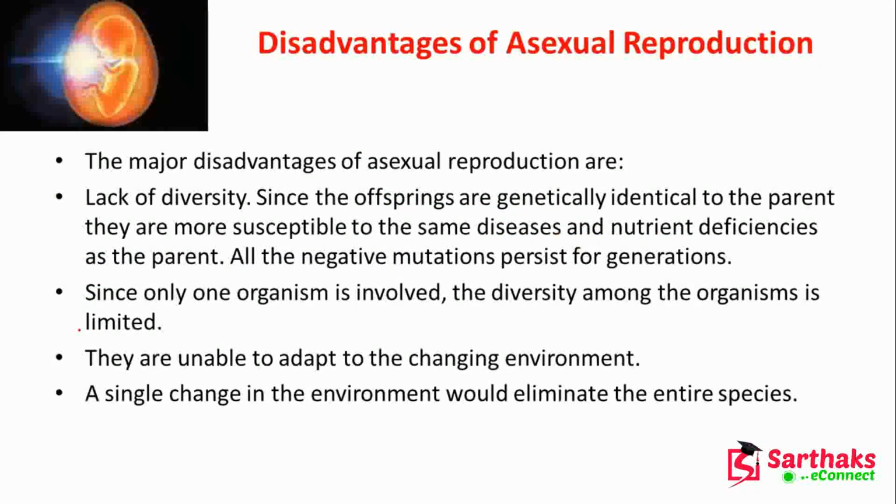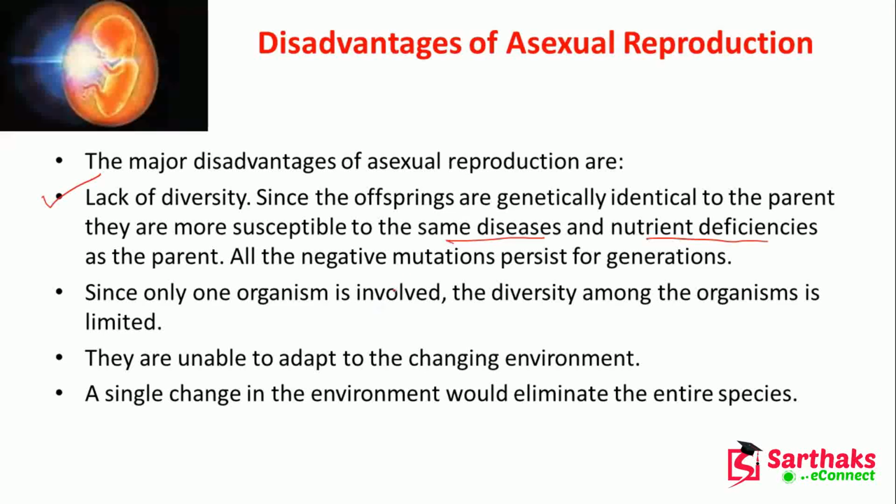Now, the disadvantages of asexual reproduction: lack of diversity, mostly identical offspring. There is no difference between the daughter cell and the parent cell. If one cell is affected by disease, then the whole batch will suffer from the disease. If there are nutrient deficiencies in one cell, then all other cells will get the same.